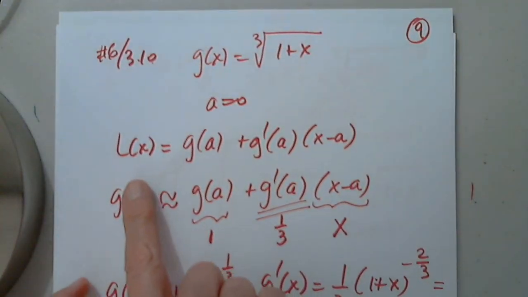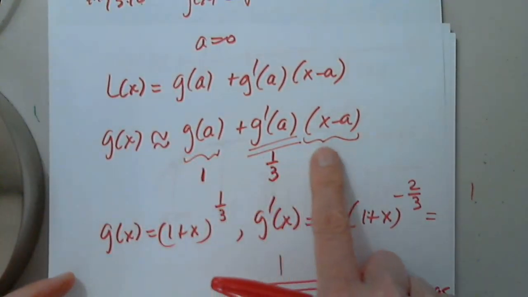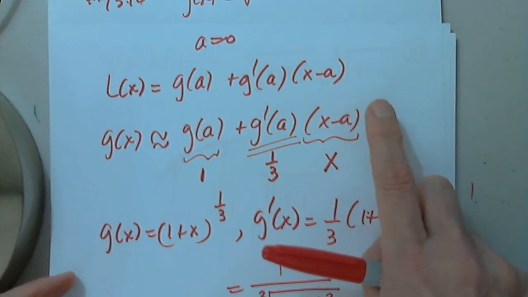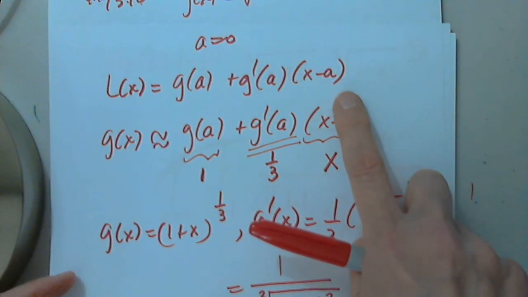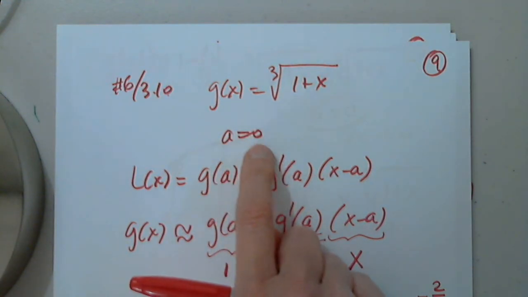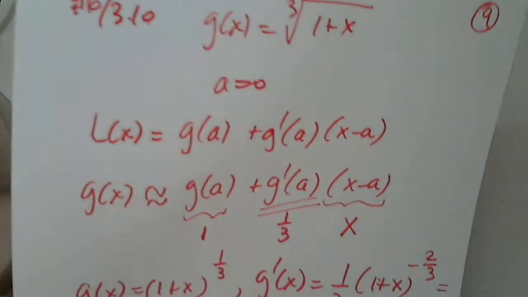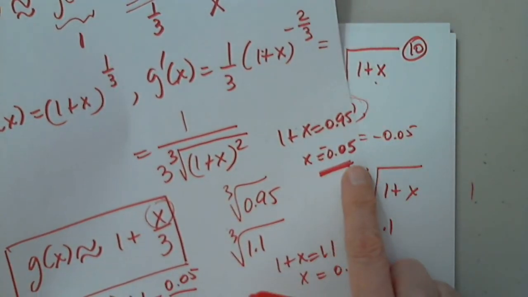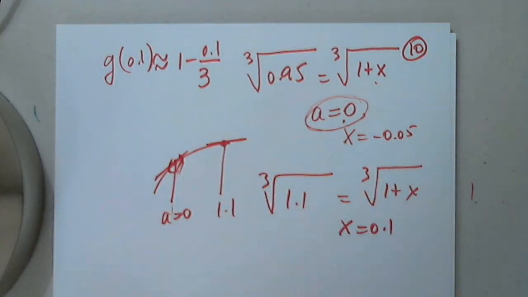I can't ever ask you to use the approximation when x is 1 or 5 or 6 or negative 3. I have to tell you that x is close to 0. And it is. 0.1 is close to 0, and negative 0.05 is close to 0. In the other direction, it doesn't matter, but close to 0. Very good question. Thank you.